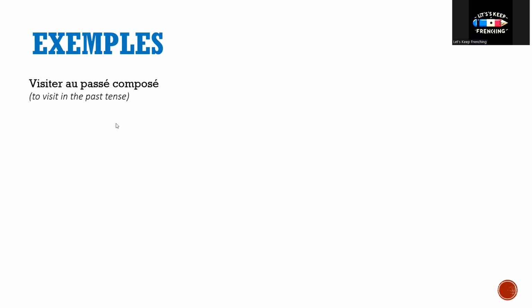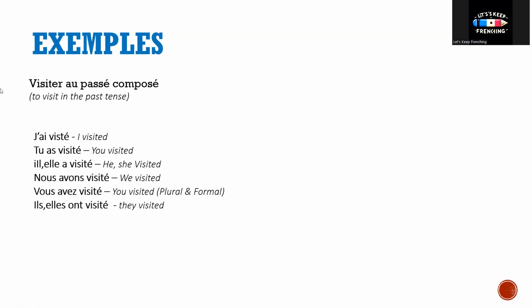Donc, we have j'ai visité, tu as visité, il a visité, nous avons visité, vous avez visité, ils ont visité. Okay? Let's see an example. Hier, nous avons visité Paris.